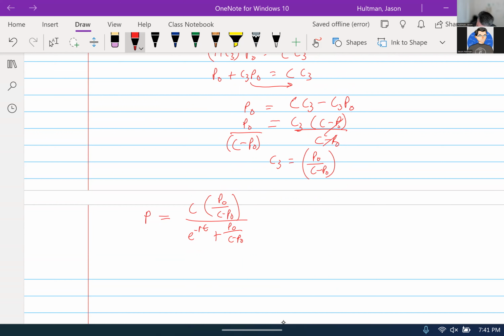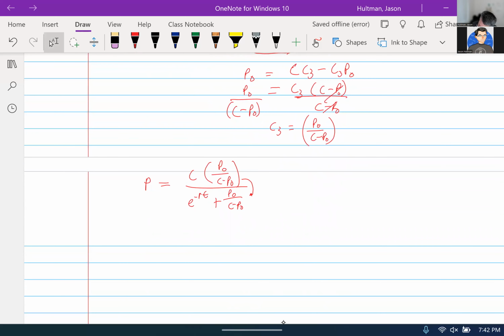Let's bring the C minus P naught down. And so P is equal to C P naught over e to the negative RT plus P naught over C minus P naught, times C minus P naught. What that's going to do is clear the fraction there after I distribute.